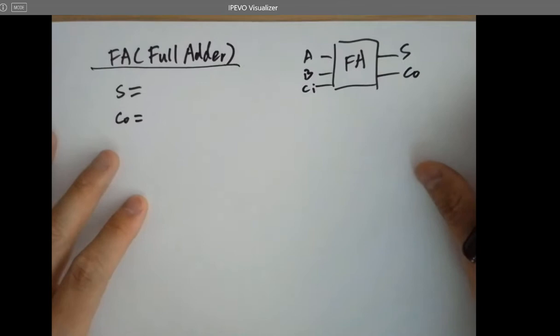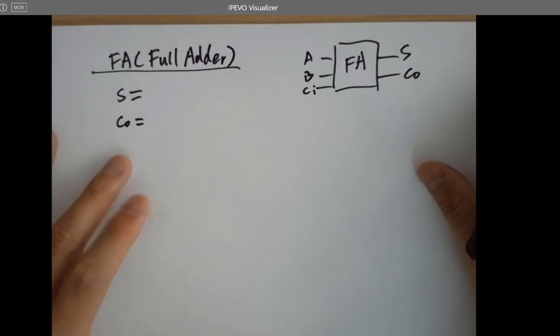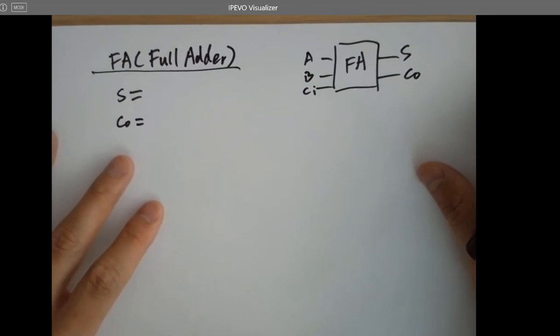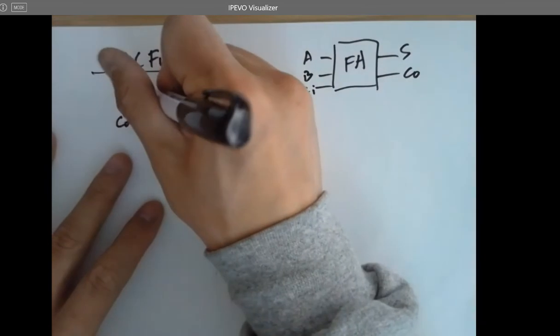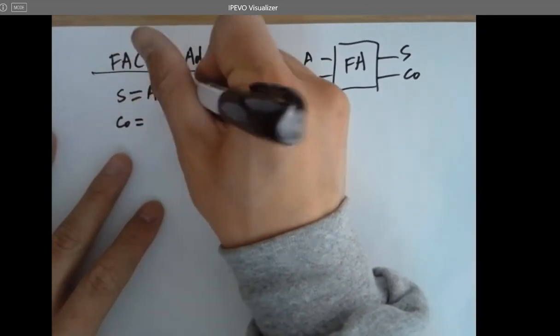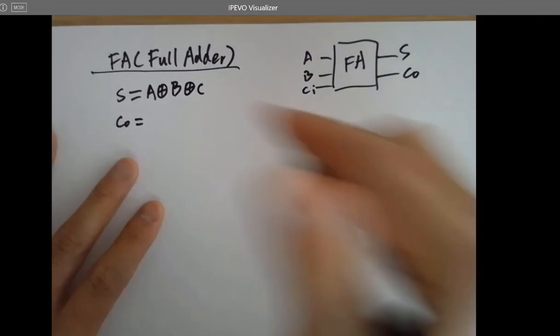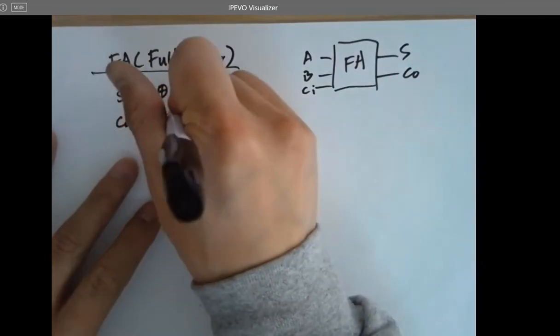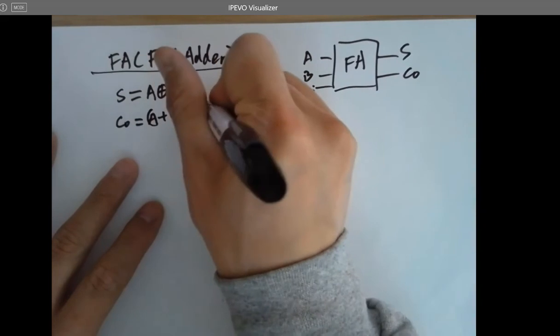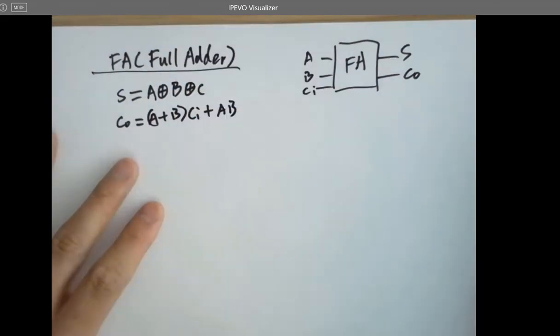Still remember what these are? A XOR B XOR C for the sum. CO is A or B, CI, or AB.